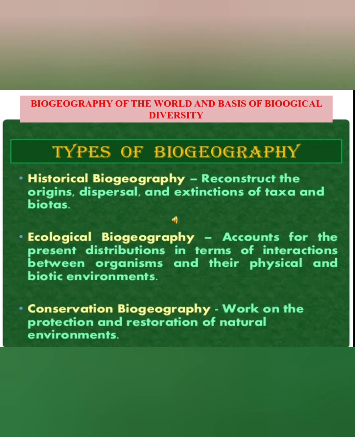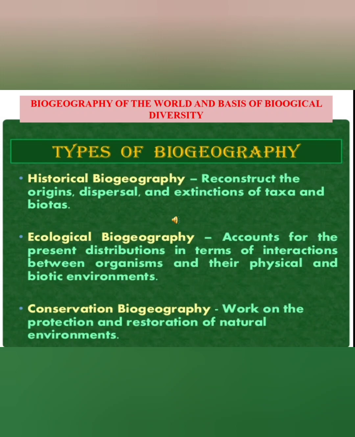Number 1. Types of biogeography. Historical biogeography reconstructs the origins, dispersal, and extinctions of taxa and biotas.